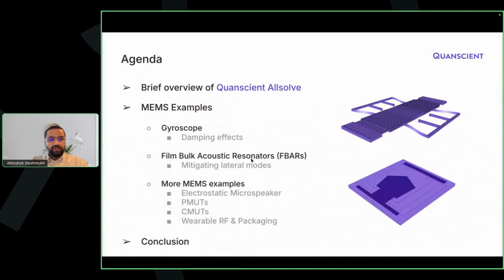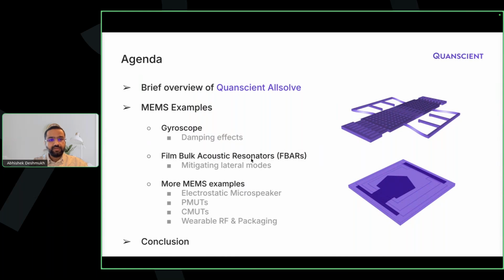The agenda for today's webinar is shown here. We will have a brief overview of Quanscient Allsolve in the beginning. Then we will dive deep into two specific examples in the MEMS community. One of them is a MEMS gyroscope, covering some of the important physical effects there.